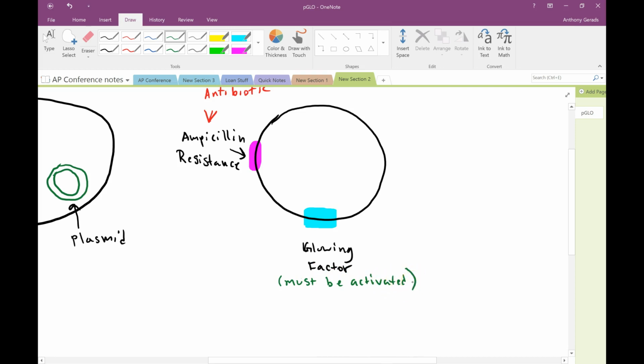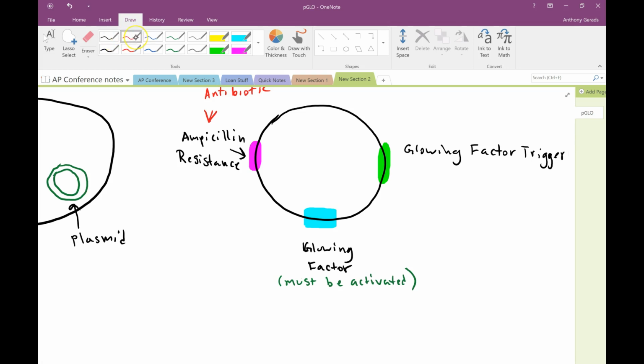And then finally, right here, this little part that we're looking at, this is what's known as the glowing factor trigger. And so something's got to trigger this thing to activate that glowing factor.